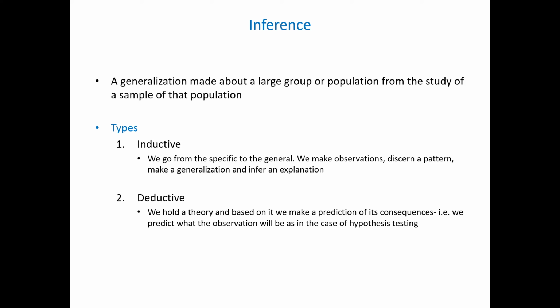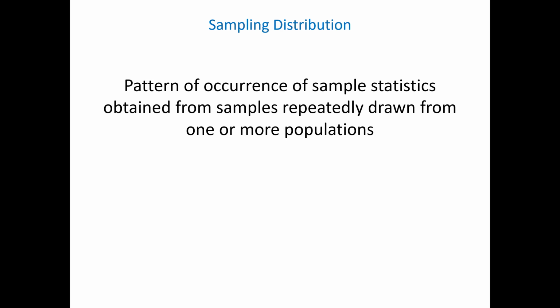But the conclusion you're going to make, the generalization you're going to make about the population based on your study, is called deductive, because from the beginning, you start with hypothesis testing. I think it's very clear. If you don't understand, let me know. It's very clear. So we are talking about inference now, which is the generalization you make about the population from the sample.